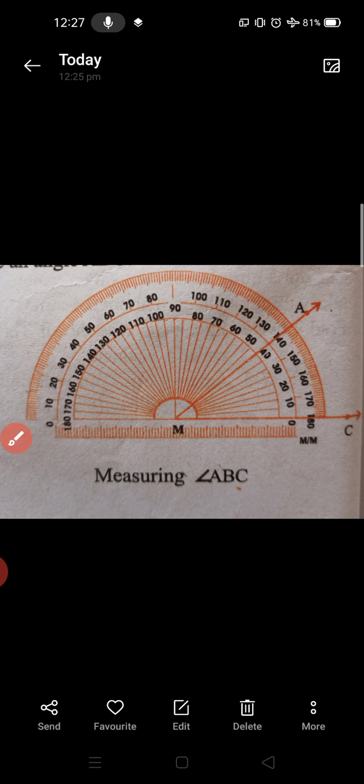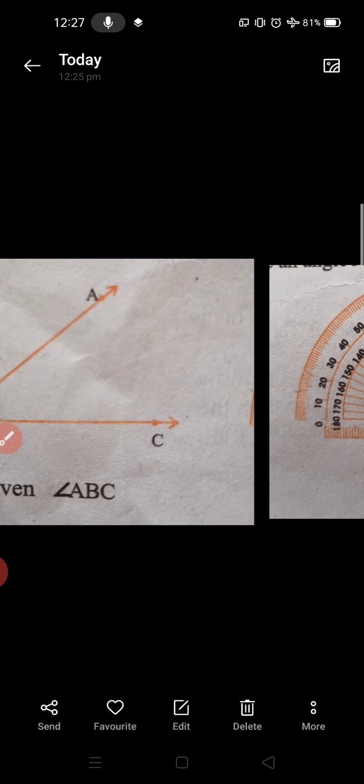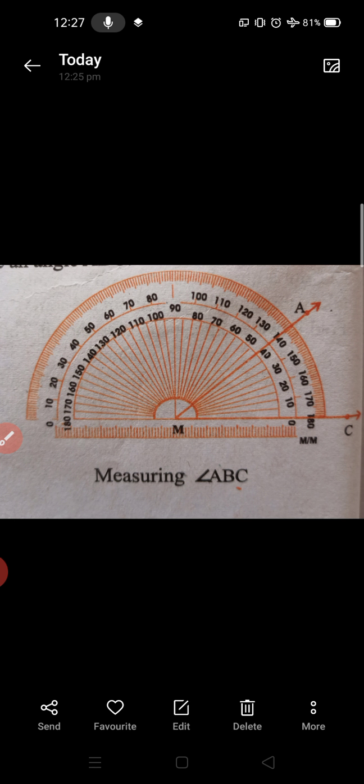Next one, adjust the protractor so that the BC line, see here, BC is a line or you can say a ray, BC ray is there. So you have to adjust the protractor so that BC is along the straight edge of the protractor. We have the straight edge of the protractor at the bottom end.